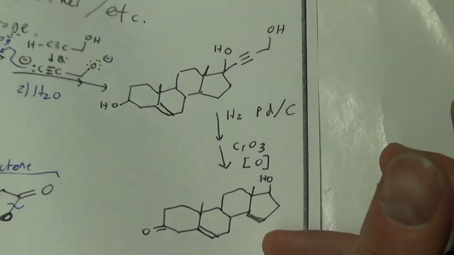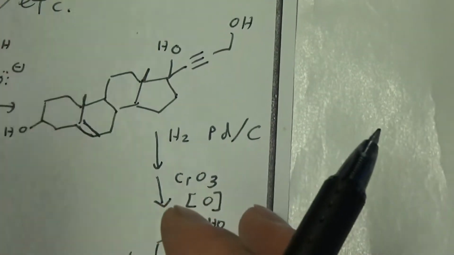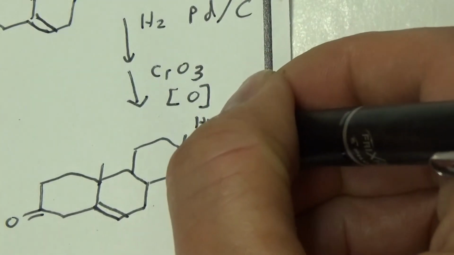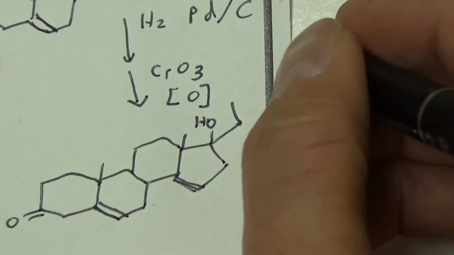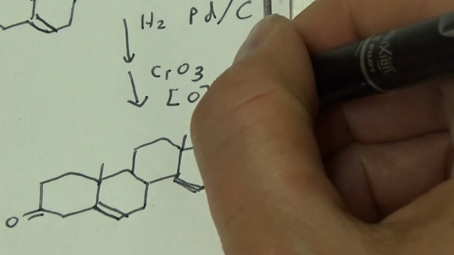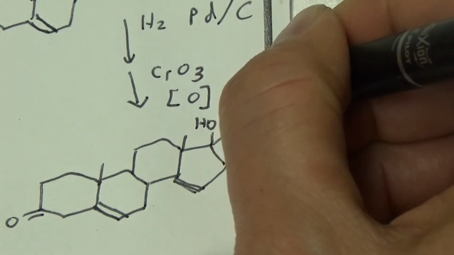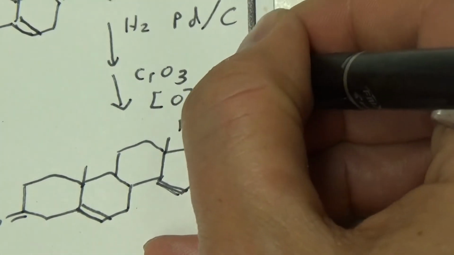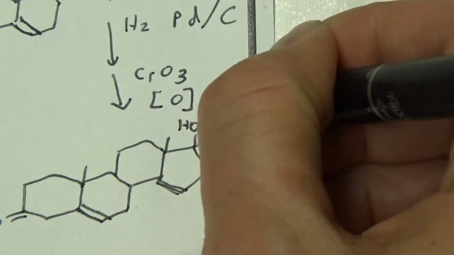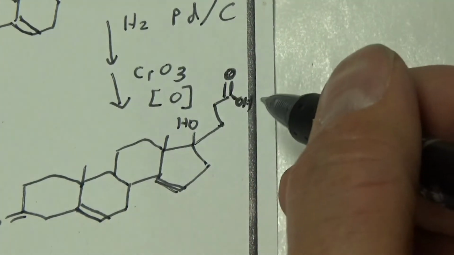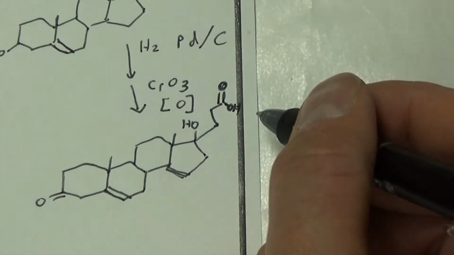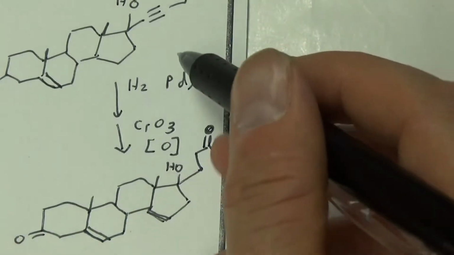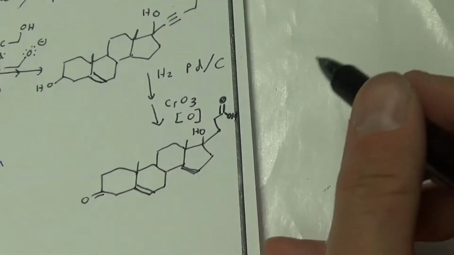We'll just sneak in there and draw that. Carbon, carbon, carboxylic acid. Okay. All right. So we're cool. That's all we did. We reduced the alkyne, and we oxidized 2 functional groups.